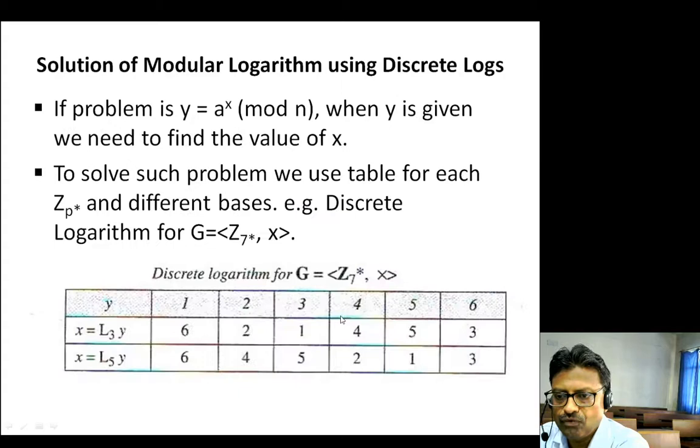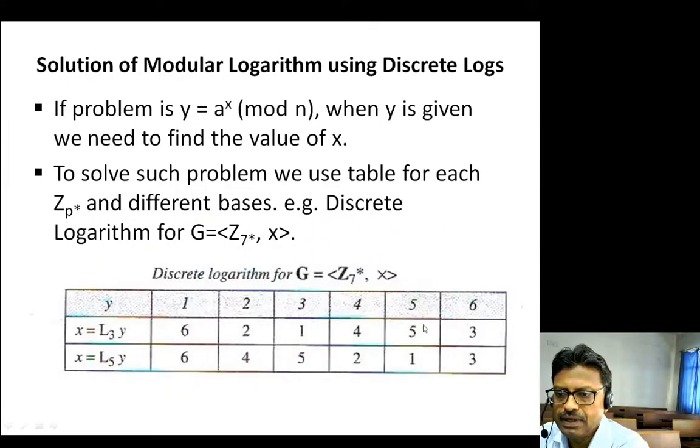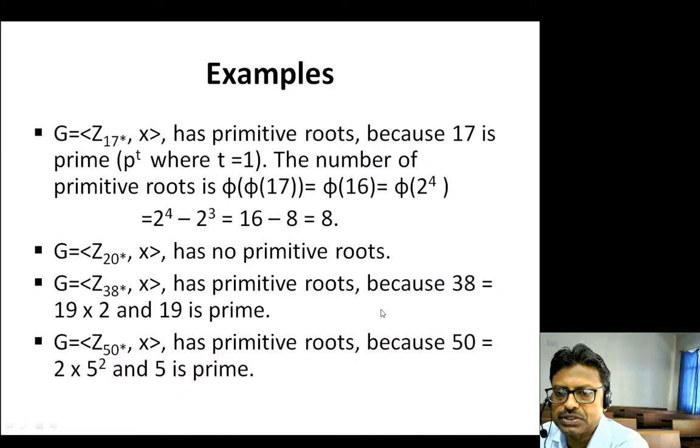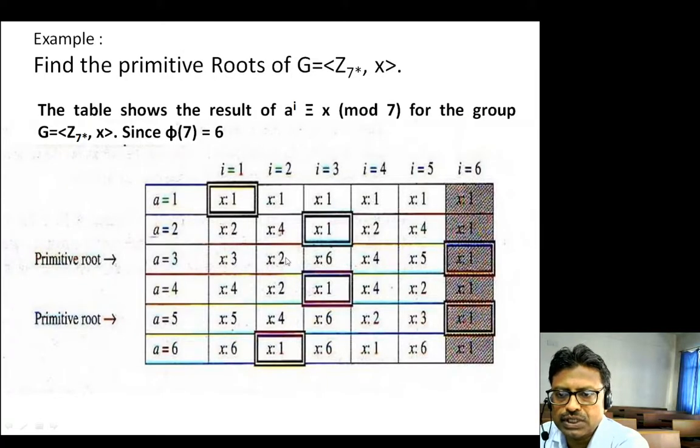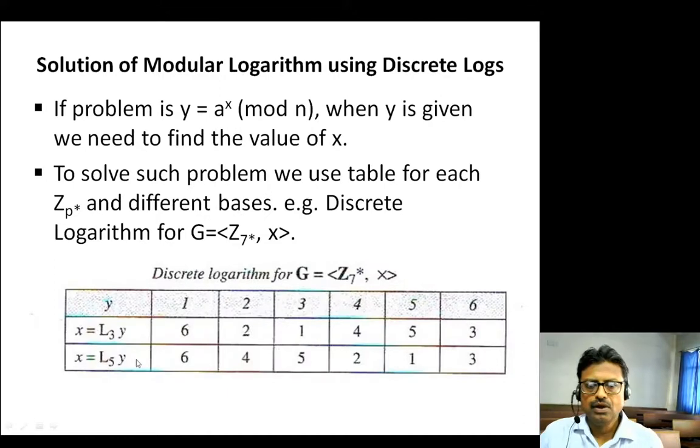When y is equal to 5, x is equal to 5. And when y is equal to 6, x is equal to 3. This is how x is calculated with the base 3.